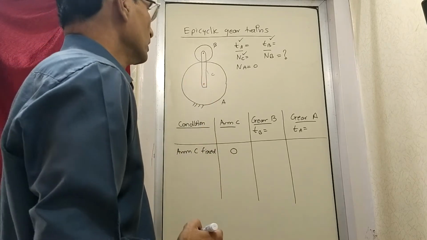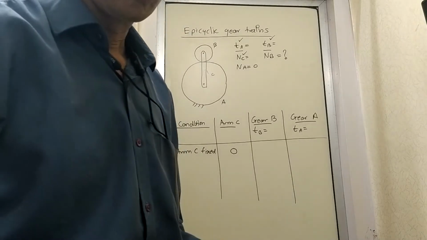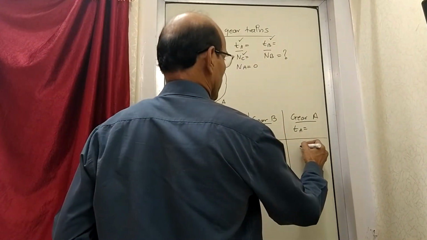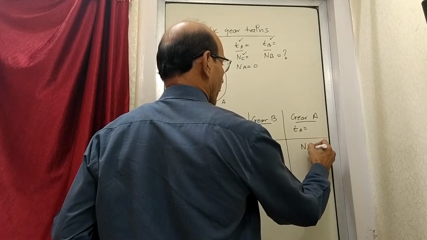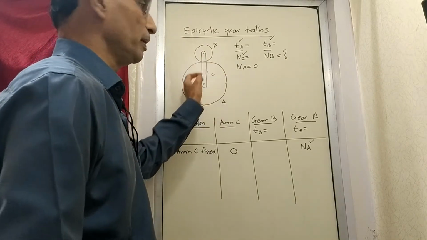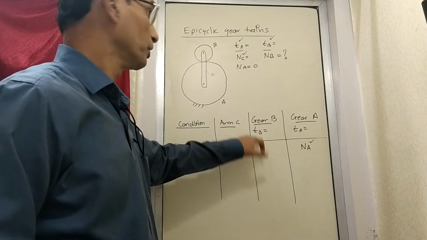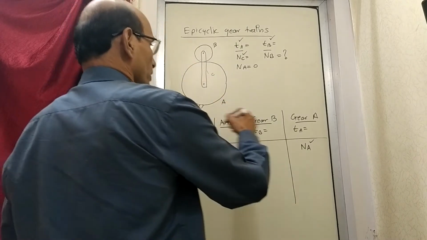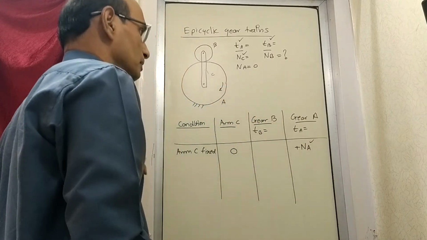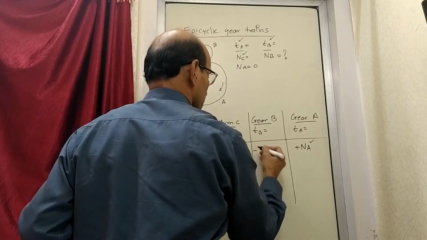Now suppose we give some speed to gear A, say NA. Gear A rotates by NA RPM. What is going to be the speed of B? You can find that out if this is rotating. Here there is a convention we are going to use. Suppose this is rotating clockwise, and for clockwise we say it is plus. Then you know that gear B will rotate anti-clockwise, so its sign will be minus.